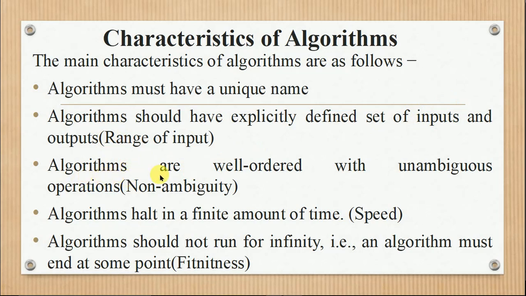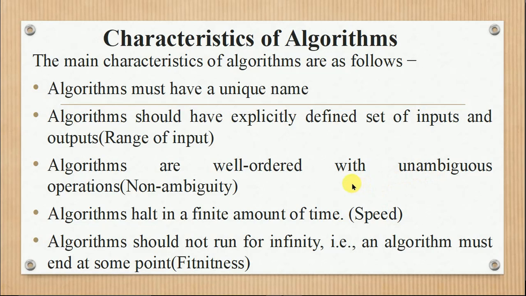And you know that algorithms are a set of steps, right? So a set of procedures. In this procedure you should not have ambiguity in each and every step. Step 1 should not be confusing with step 2.